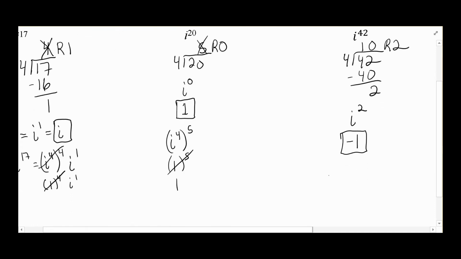And again, the reason this works: i to the 42nd would be the same thing as i to the fourth raised to the 10th times i squared. That'd give me 40 plus 2. i to the fourth is 1, 1 to the 10th is 1, so all I'm left with is the i squared, which is -1.